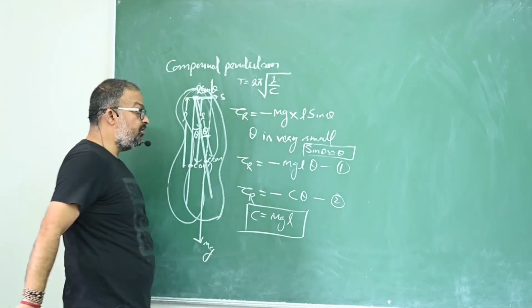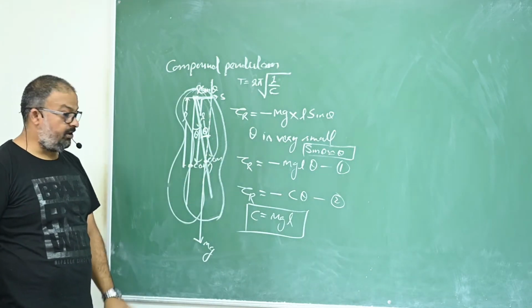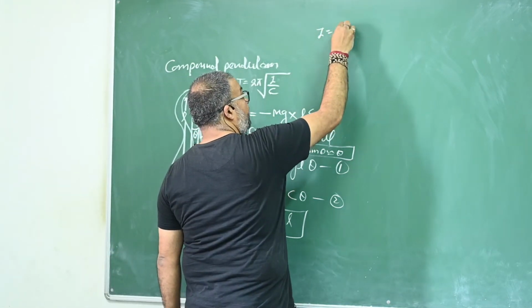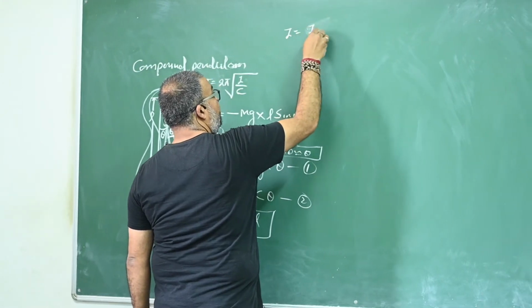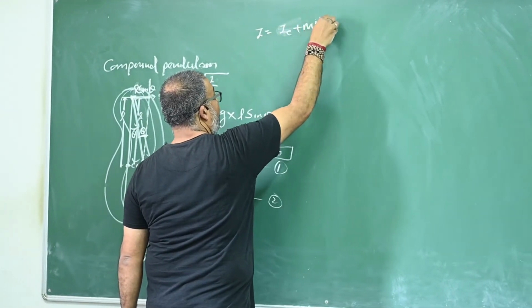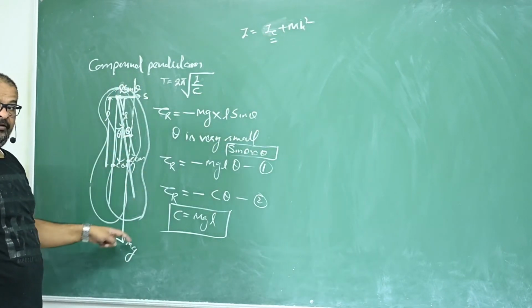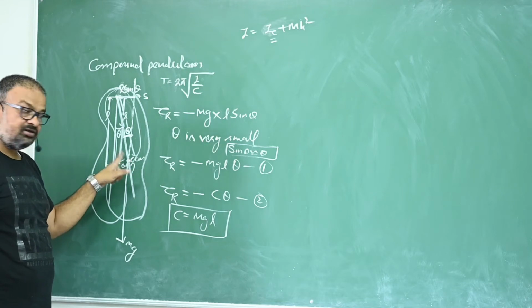We need moment of inertia of this rigid body about this axis, right? So, to find out this moment of inertia, we can say IC plus mh square. IC is what? Moment of inertia of this rigid body about an axis which is passing through the center of mass, right?